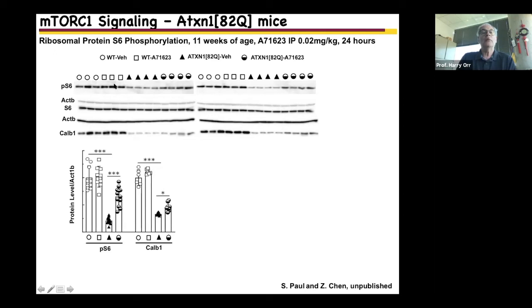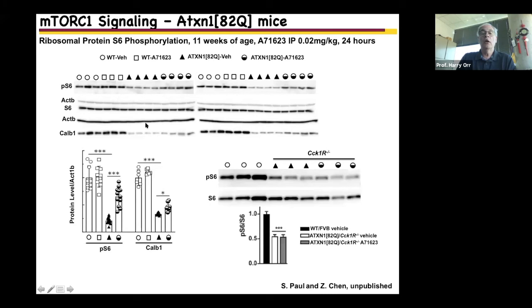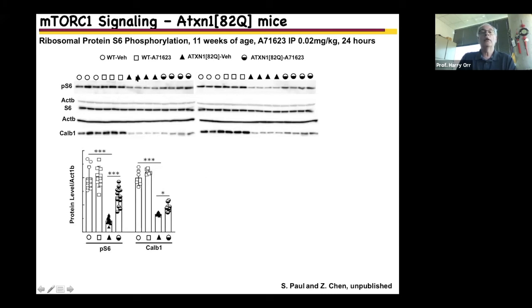It's a bit complicated, but these are the wild type vehicle and wild type receiving agonist mice compared to the 82Q mice receiving vehicle. And you can now see a reduction in phosphorylation of this ribosomal protein. And in those 82Q animals receiving the agonist, this phosphorylation of this ribosomal protein is increased, with the data shown down here quantitatively. And this is a significant increase.